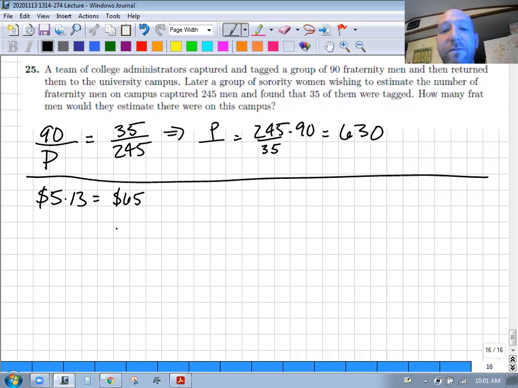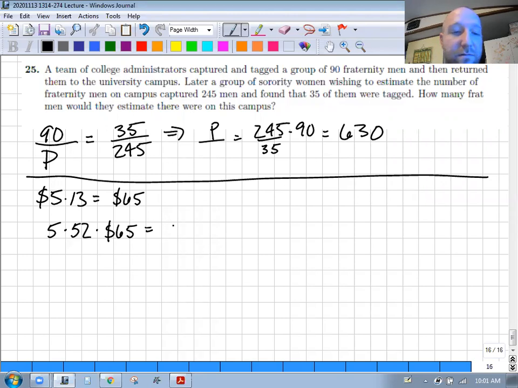And let's say I work five days a week, and there are 52 weeks in a year, and then $65 per day. That would be 65 times 52 times 5.